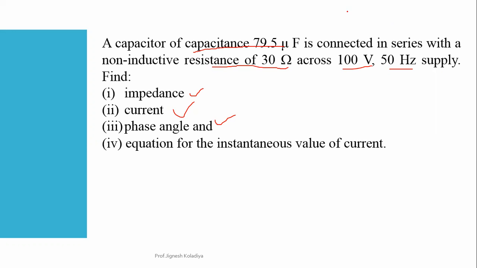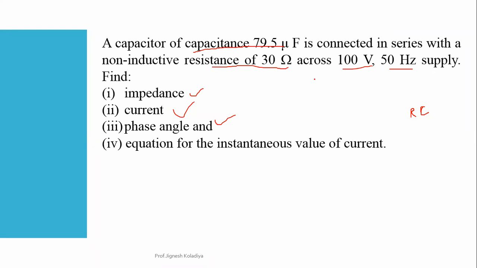If you observe the data, the case given is an RC series circuit, right? Now you have to use all the relations we have studied in the RC series circuit in order to find all these four quantities.